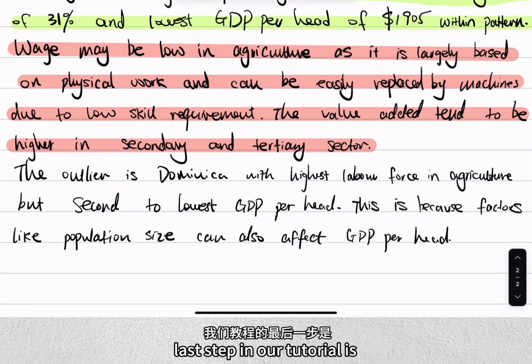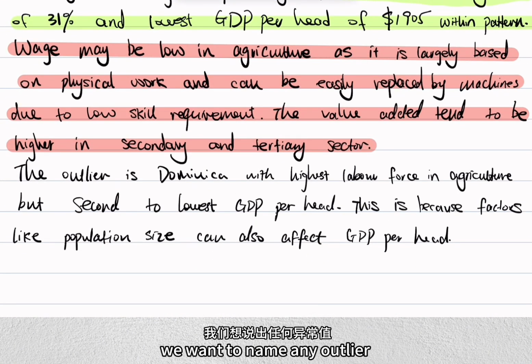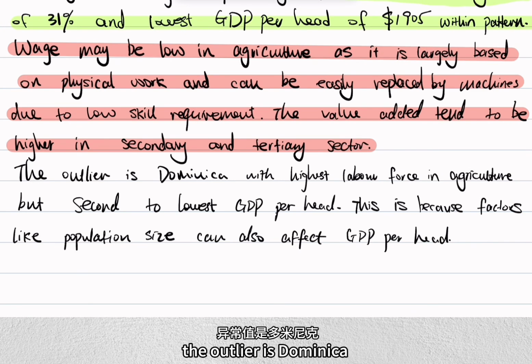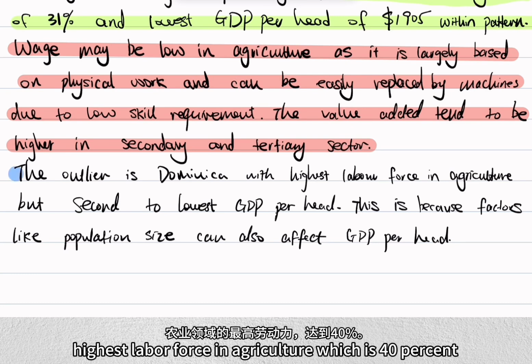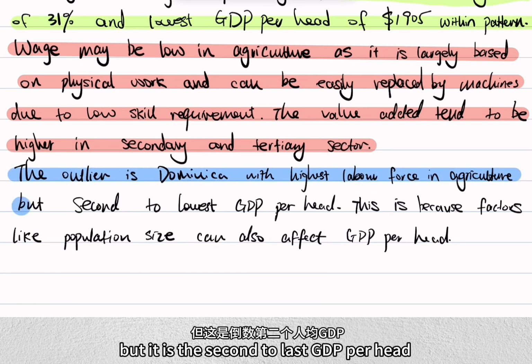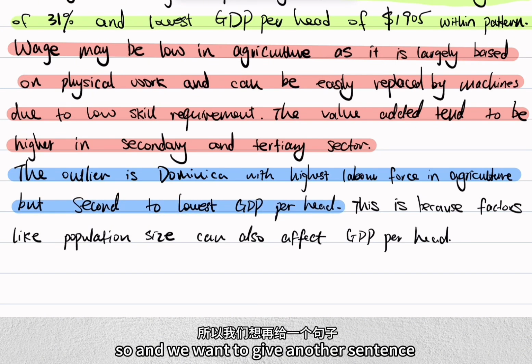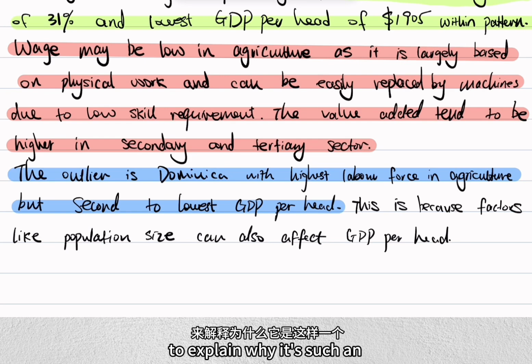The last step in our tutorial is we want to name any outlier in the graph. Here, obviously, the outlier is Dominica with the highest labor force in agriculture, which is 40%, but it has the second to last GDP per head. So we want to give another sentence to explain why there is such an outlier.